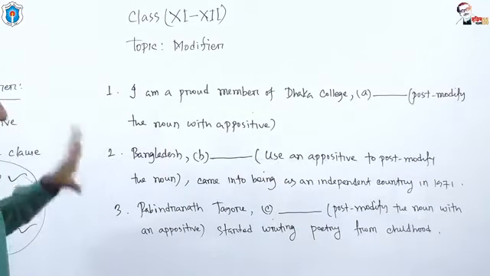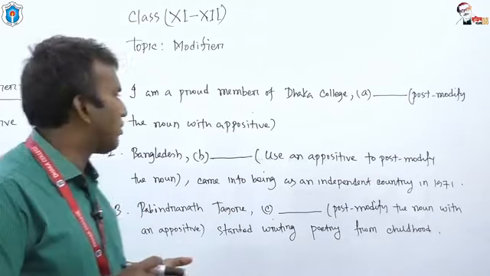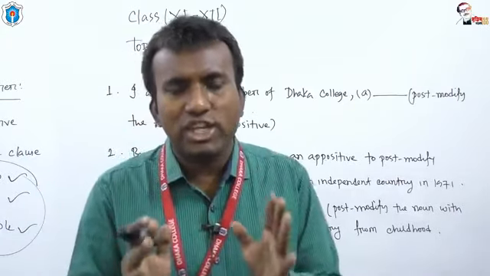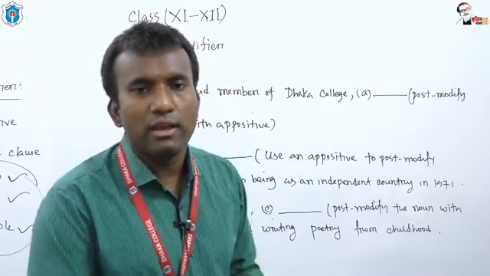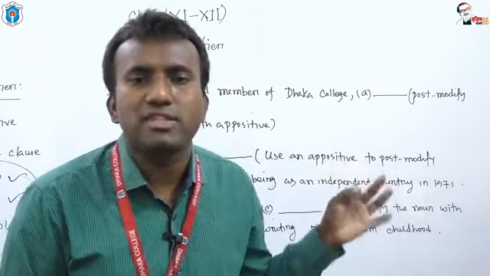These are three examples I have given you, and you are requested to write down the answer, dear students. I will check each and every answer you write after the class is over, because the answer of appositive can be different.